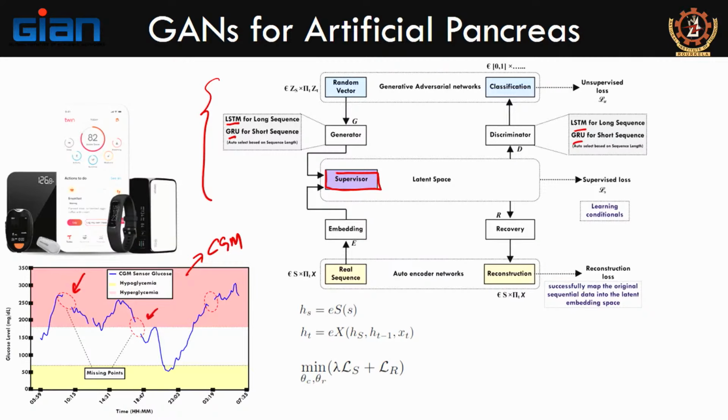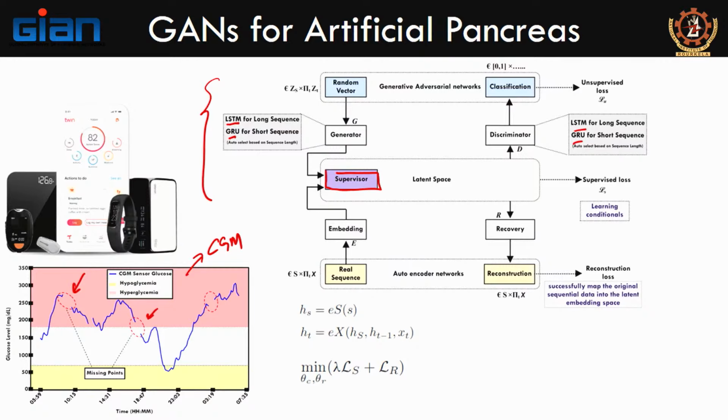We found that if you are missing a very large number of data points and want to generate a long sequence, then you use LSTM as a generator, and if you are missing a short sequence, then you use GRU.